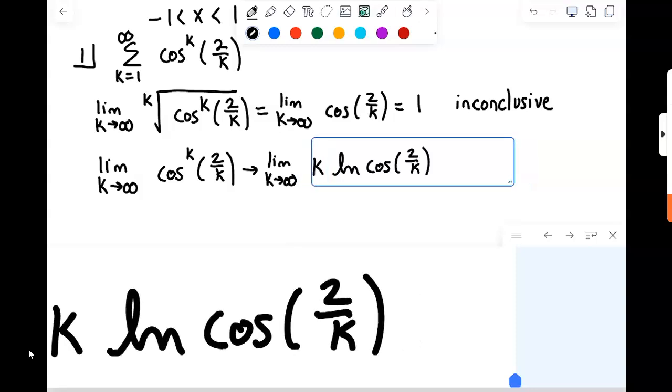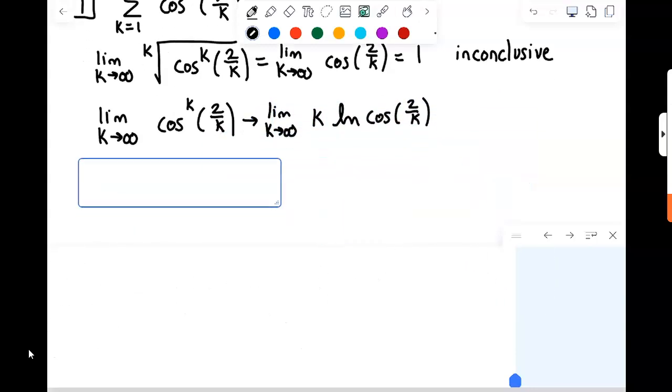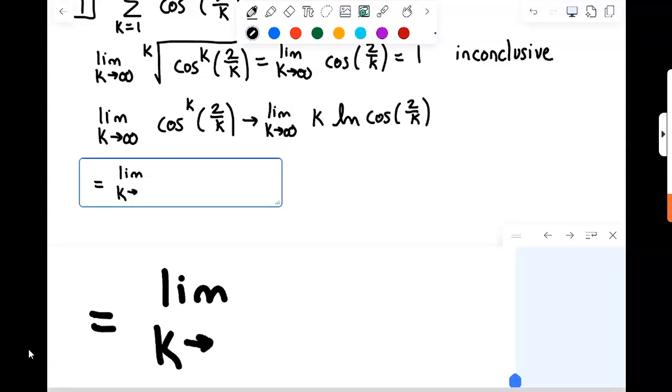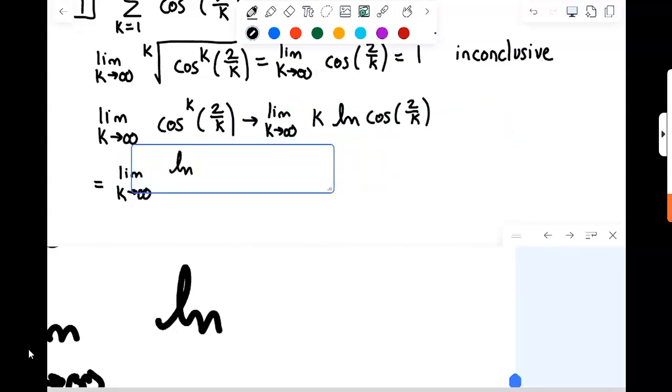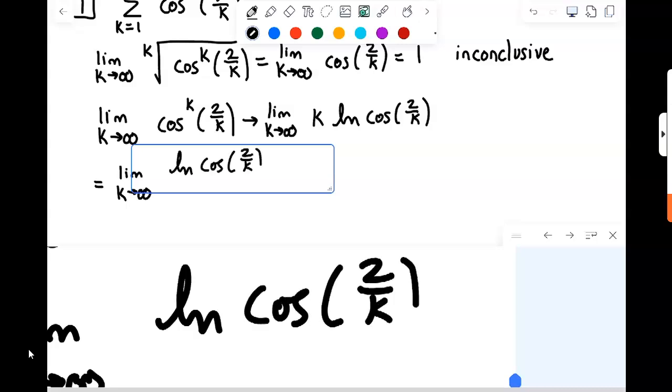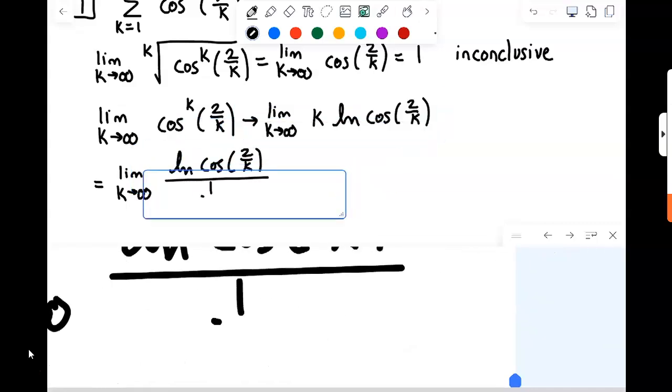So we rewrite that as a division problem so that we can invoke L'Hopital's rule. We take the top, ln of the cosine of 2 over k, divided by the reciprocal of the other one, 1 over k.